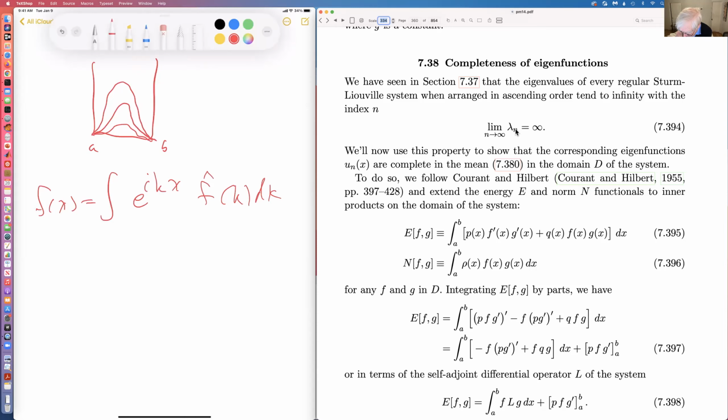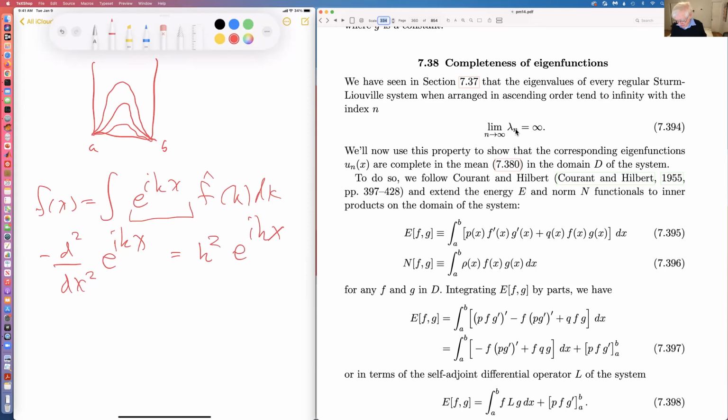And what are these? These things are the eigenfunctions, and they're eigenfunctions of minus d squared dx squared on e to the i k x is equal to k squared e to the i k x.